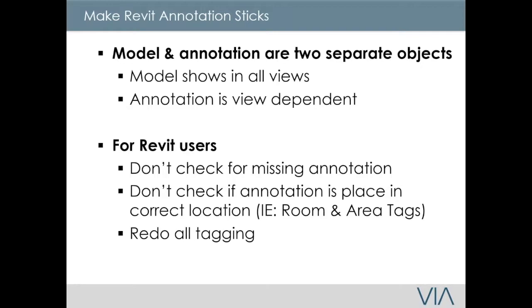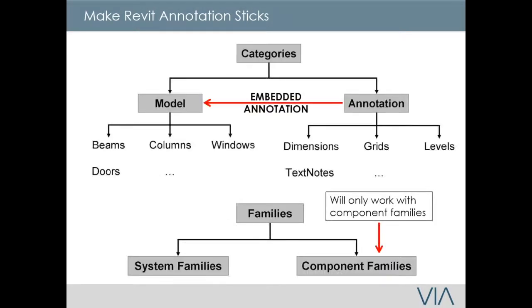Sometimes you have to, but most of the time we don't do that. And this is the worst thing: we do all the tagging, and sometimes people accidentally right-click and delete the tags. It happens, right? Then you have to redo all the tags. That's unfortunate. So what I'm going to demonstrate is how to take the annotations and embed them into the model itself.